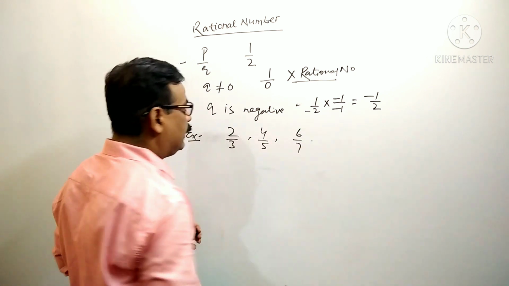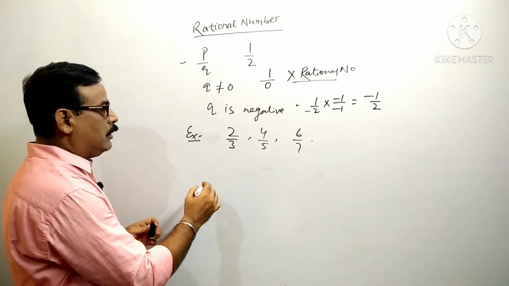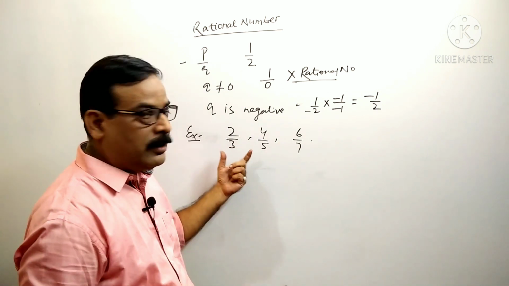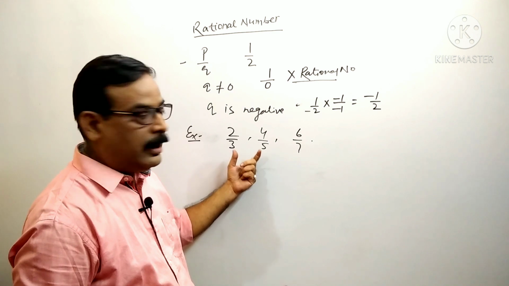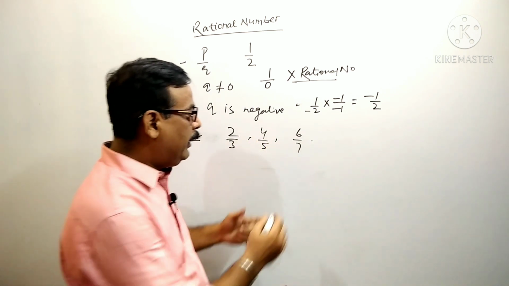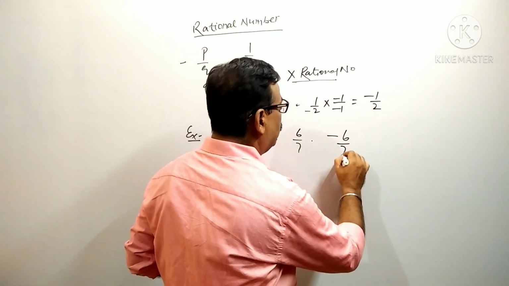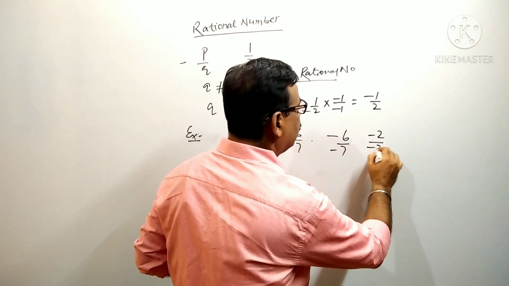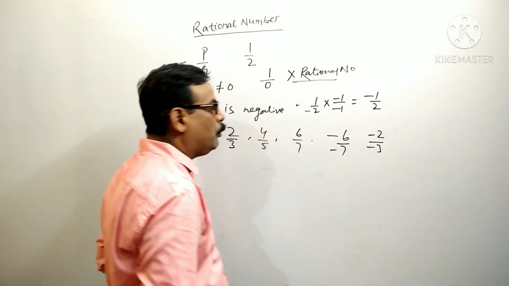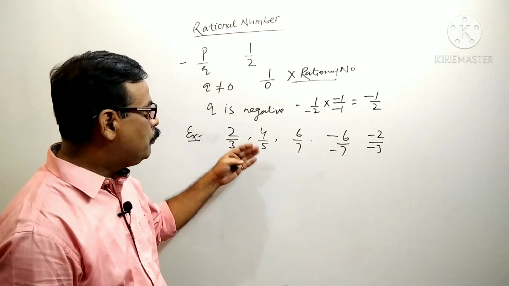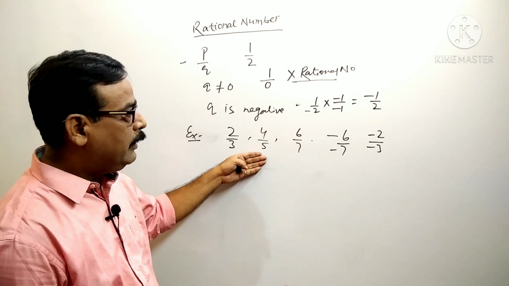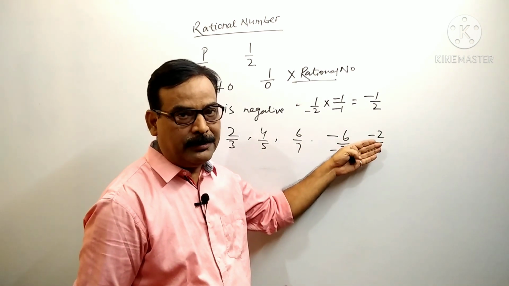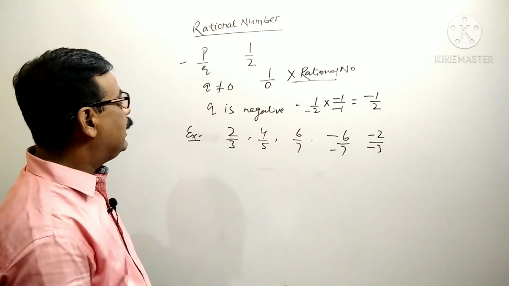These numbers are positive rational numbers. For a positive number, both numerator and denominator should be either positive or both negative. Suppose here is a number minus 6 by minus 7, minus 2 by minus 3. These numbers are also positive because both numerator and denominator are either positive or negative. So it is called a positive rational number.